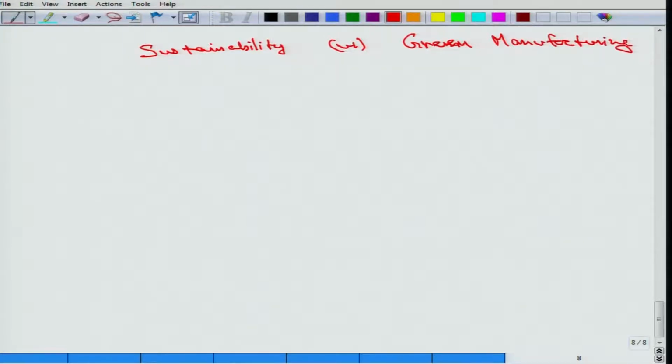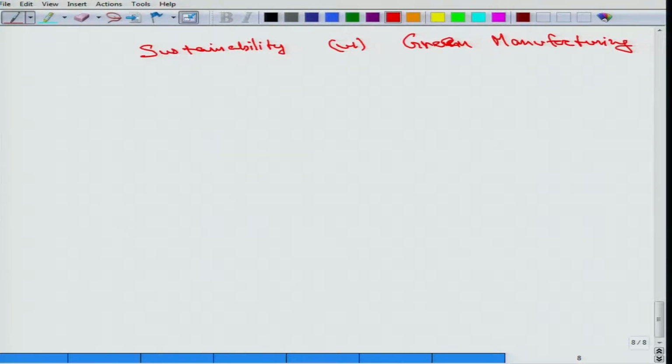So, next is sustainability versus green manufacturing. Sustainable and green are being used interchangeably. People say this product is sustainable or it is a green product.